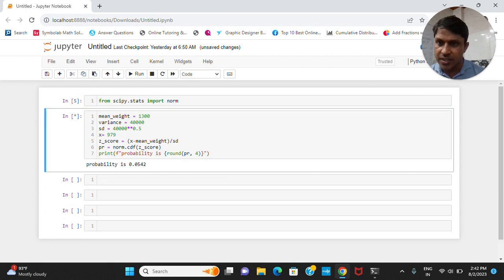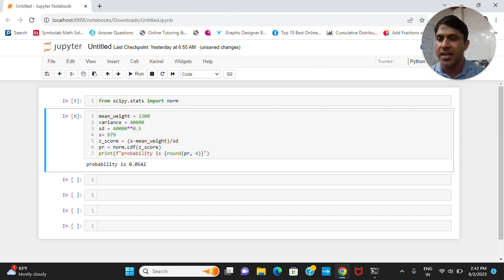If I run it, I will get here 0.0542, which is the left side area. But to get the right side area, I have to subtract this 0.0542 from 1, because the entire area under the normal distribution curve is 1.